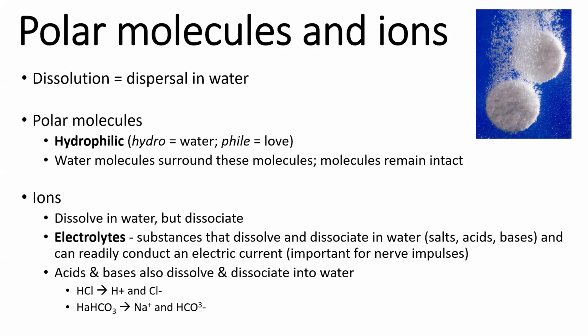When you have a polar molecule, you can describe that molecule as being hydrophilic. Hydro meaning water, phile meaning love in Greek. So it's quote unquote water loving. That means it will interact with water, and then water will surround these molecules, and the molecules can remain intact. Those are polar molecules interacting with water.